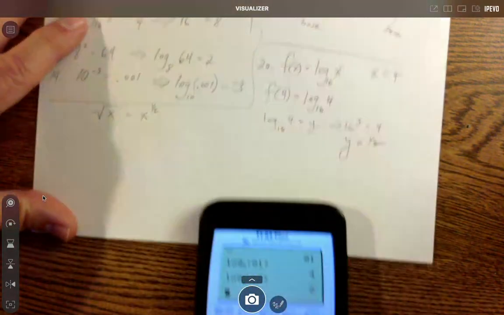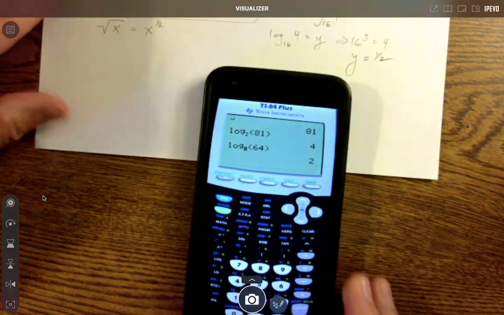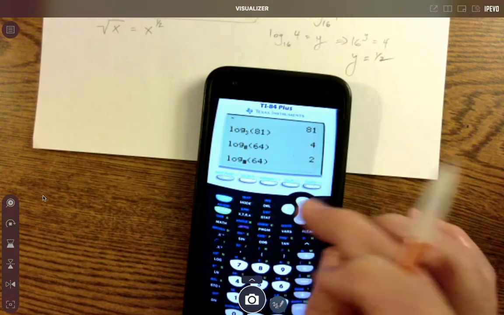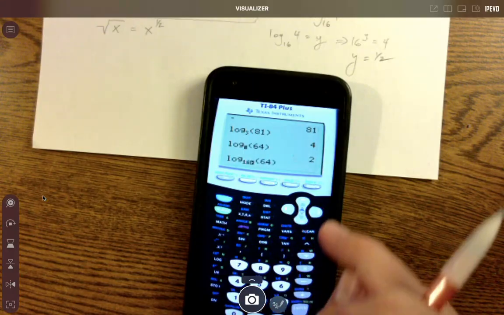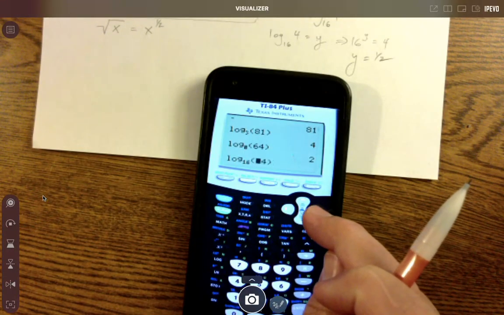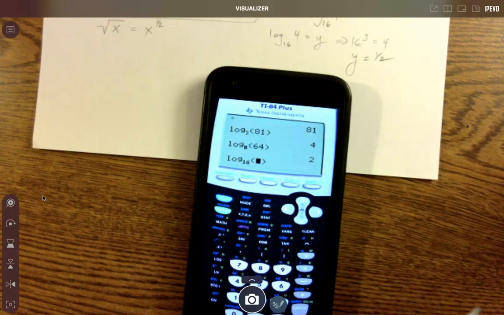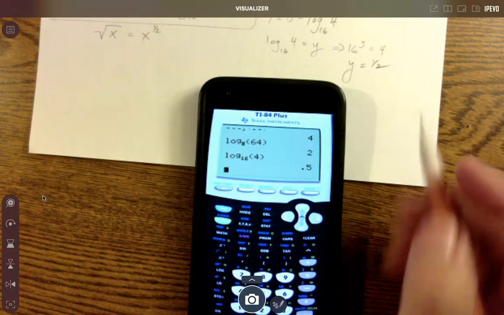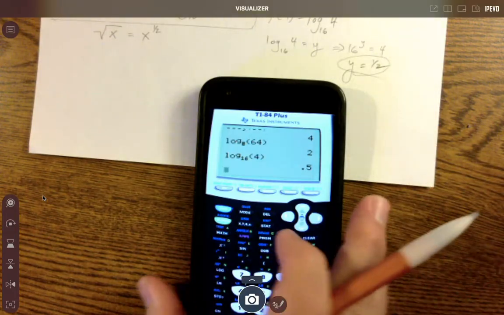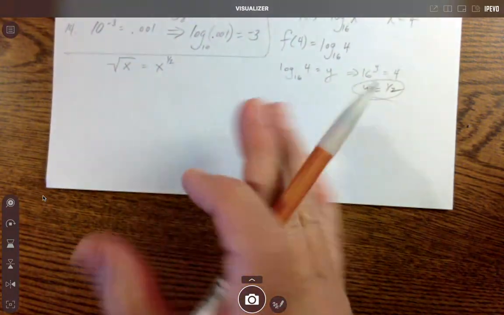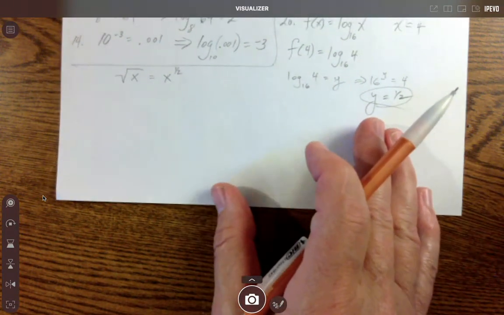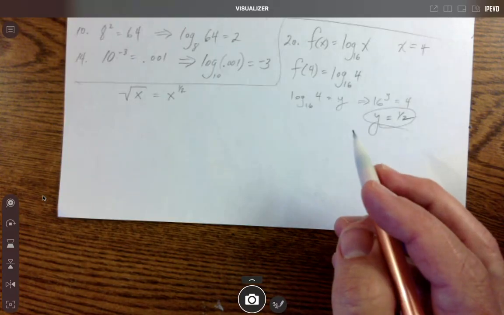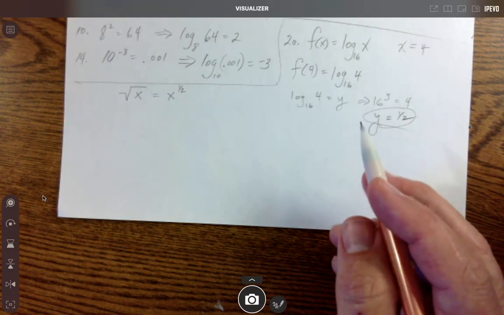All right, so I'm just going to hit second enter, and I'm going to go back and change these numbers. So this is 16, and this is 4. So log base 16 of 4 is 0.5, which is 1/2. All right, so that's how you do exercises 19 through 26.